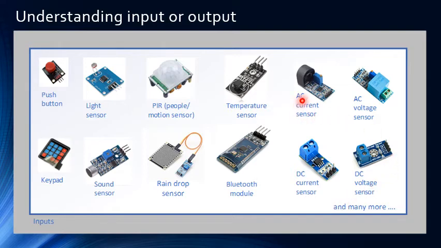Instead of buying the AC current sensor, you need to buy a DC current sensor and a DC voltage sensor. So this is just some example. If you want to build, let's say, an automatic light or automatic heater, then you need to be able to sense the temperature, so you need to buy a temperature sensor.